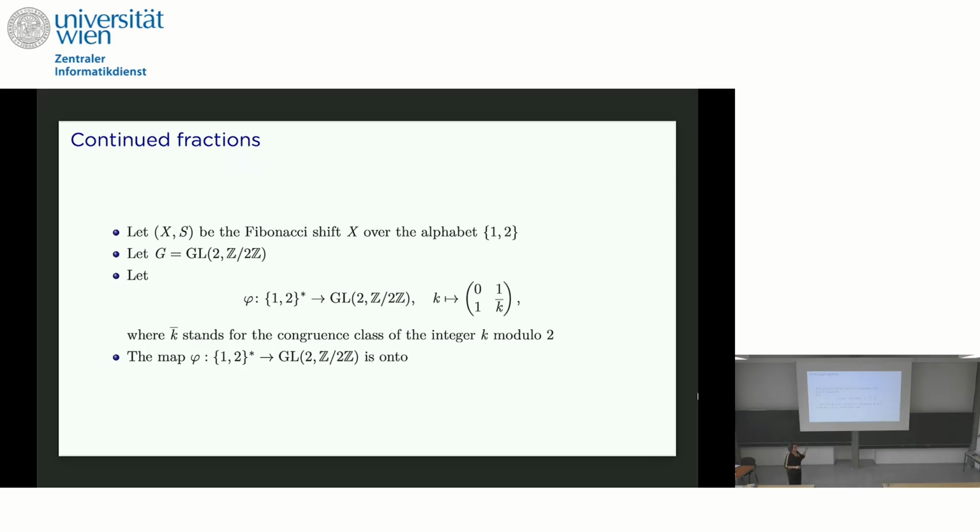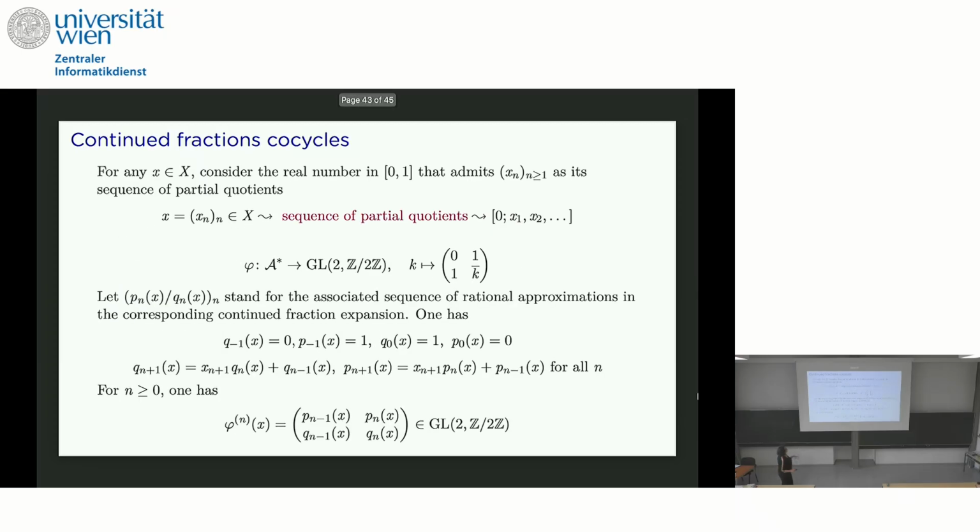When you get a real number whose partial quotients are given by the Fibonacci word, I take, for instance, 1, 2, an odd and even number, I could take 2, 3, any kind of stuff. You replace the Fibonacci word on A, B by a sequence on an even and an odd number. You put it in GL2 of Z over 2Z, and your morphism is on 2.